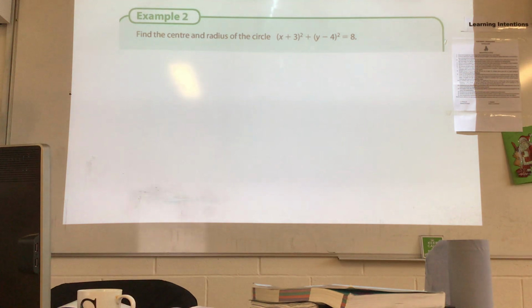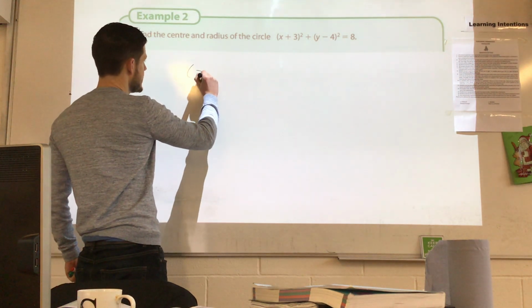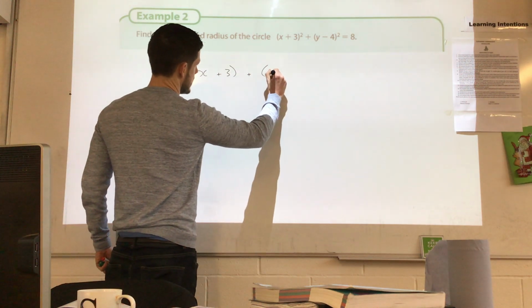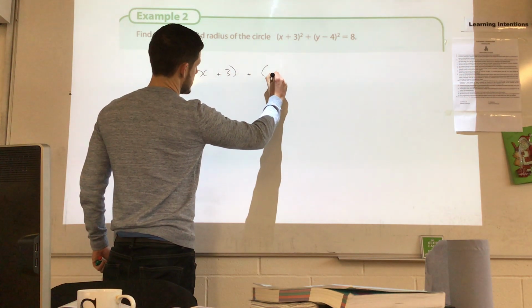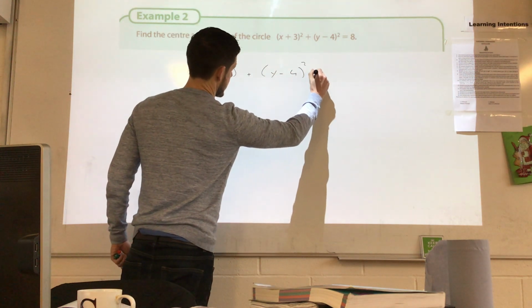So find the centre and radius of the circle (x plus 3) squared plus (y minus 4) squared is equal to 8. So we're working backwards here. We're given the equation of a circle and we have to work backwards. So our equation here is this.